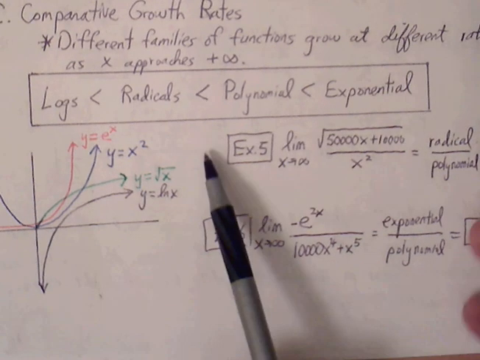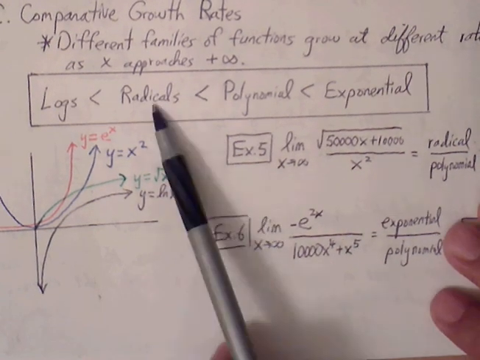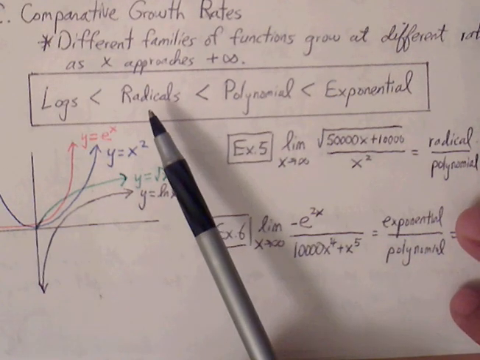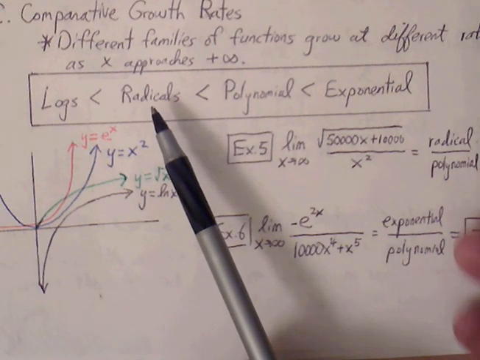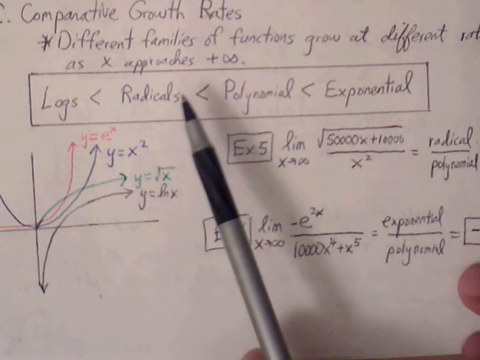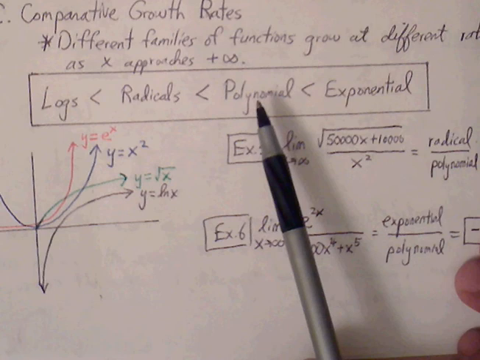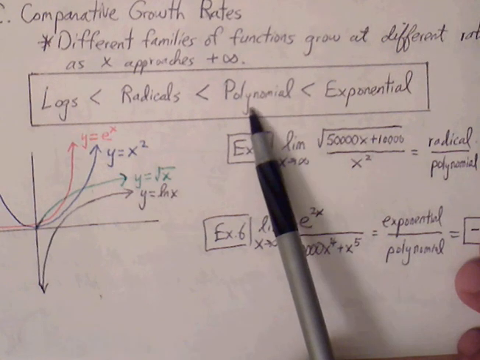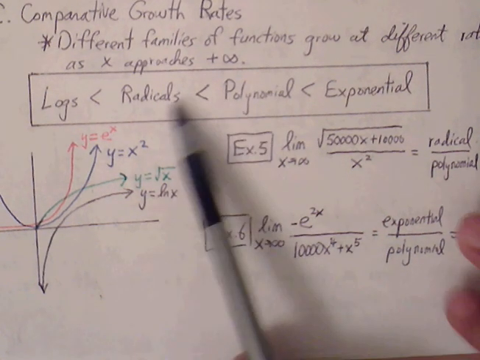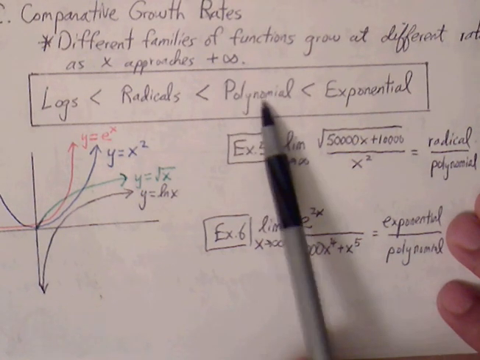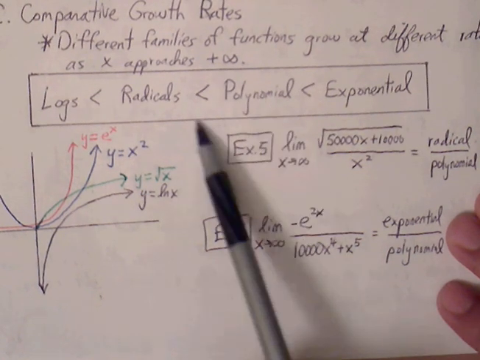Now, within these families of functions, we may have functions that initially start off larger than others. For instance, it's possible for a radical to start off increasing faster than the polynomial. However, if we're approaching positive infinity, then eventually, over time, the polynomial will catch up to the radical.